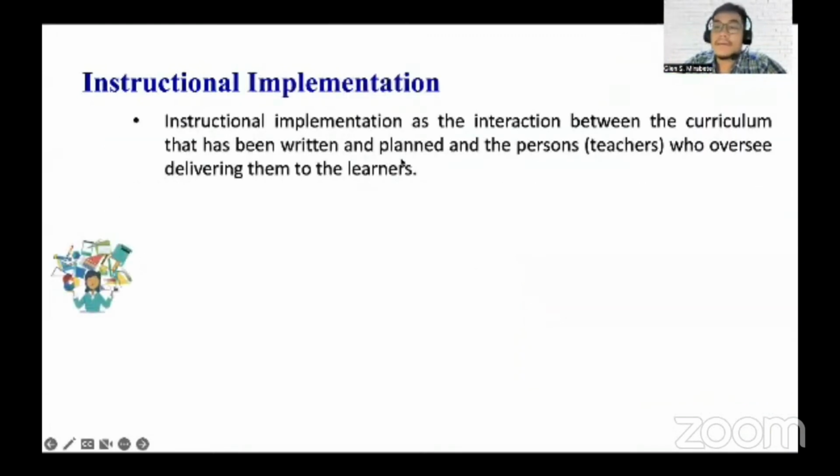Instructional implementation means we already created the lesson plan, the activities. We're in the business of implementing this, or delivering the content actually to students. So this means the interaction between the curriculum that has been written and planned and the persons who oversee delivering them to the learners. But sometimes, when it comes to teaching, there are some minor twists or considerations because we cannot force what would be the students' response, because responses of the students are dependent on the situation.